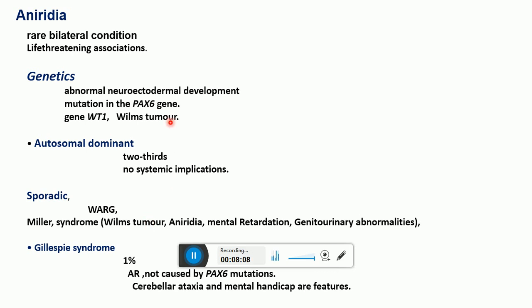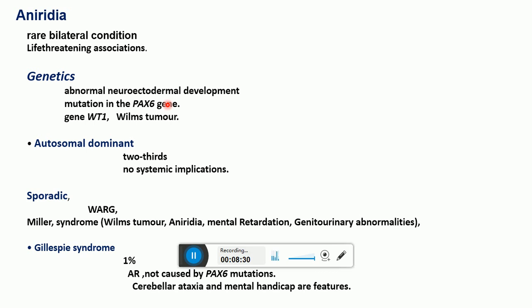Next is aniridia. It is a rare bilateral condition that may have life-threatening associations. It occurs as a result of abnormal neuroectodermal development secondary to a mutation in the PAX6 gene. This gene is adjacent to gene WT1, mutation of which predisposes to Wilms tumor.